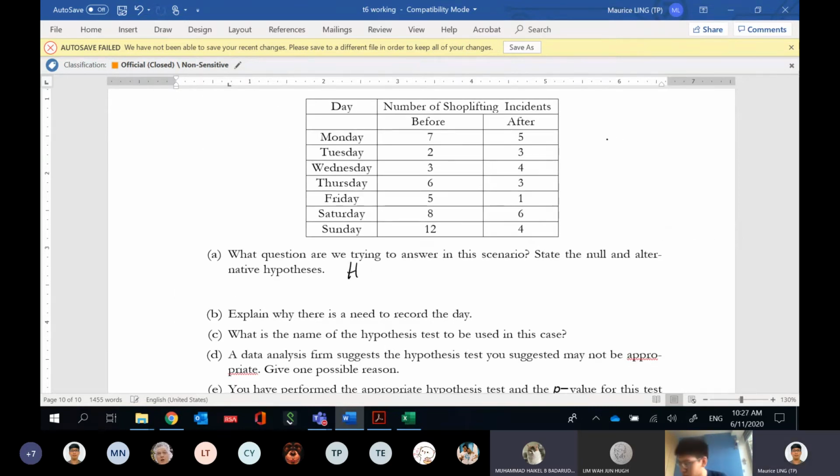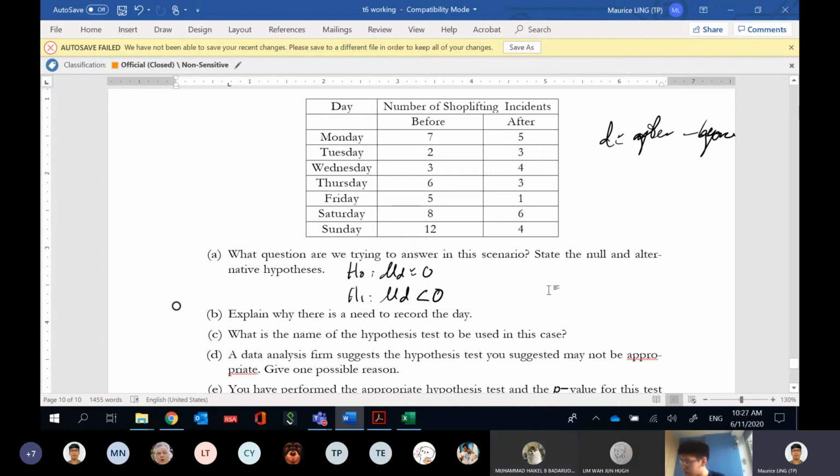So what is D first? The after minus before. Okay, fine. Mu d equals 0. Alternate hypothesis? Less than 0. Okay, mu d is less than 0.